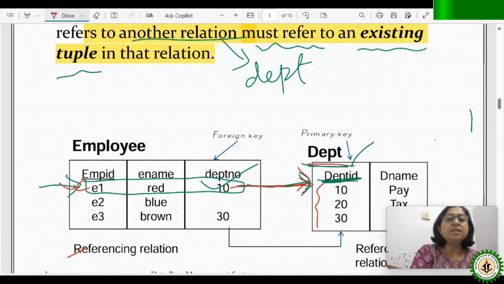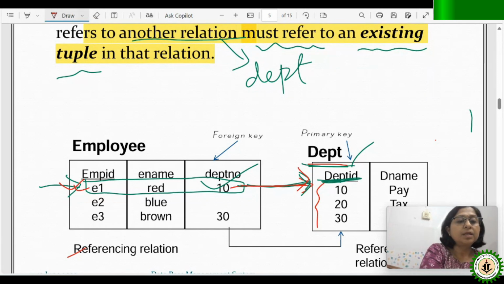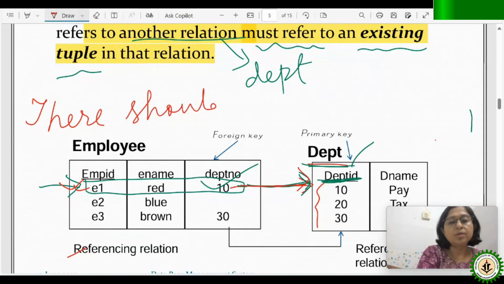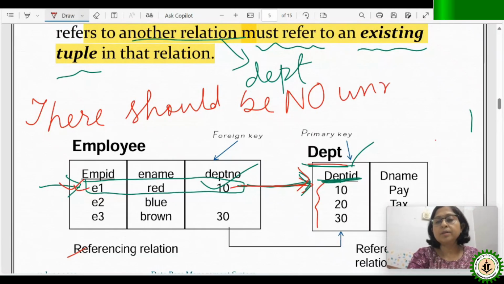The concept is highly logical. Another way we can say is there should not exist any unmatched foreign key. That is also one thing. All of you, please write it down. The referential integrity constraint says there should be no unmatched foreign key.